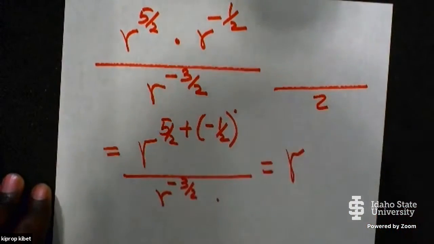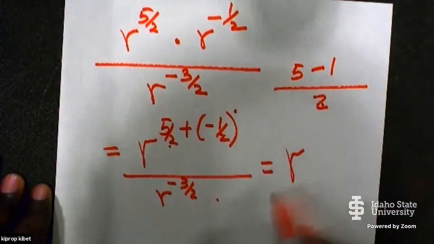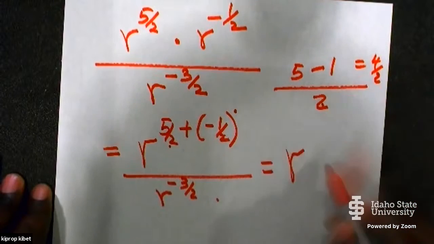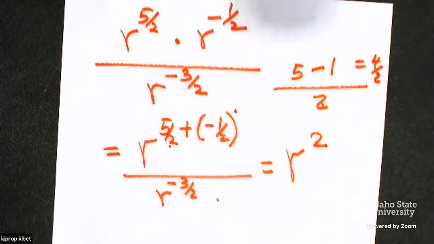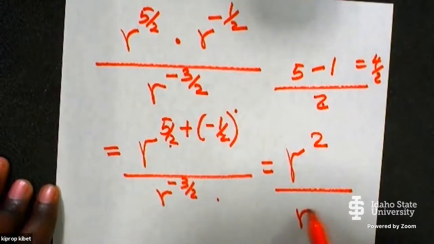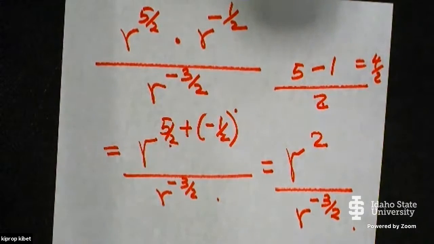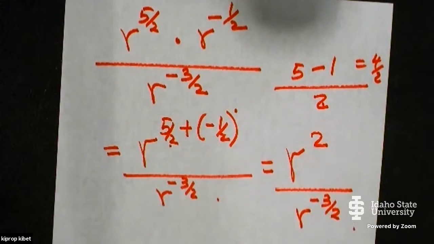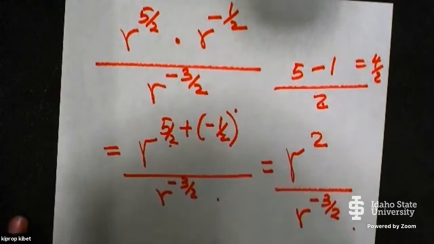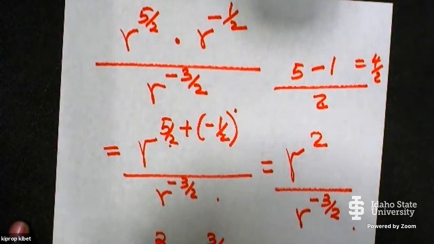So we have the LCM as 2, and this is 5 minus this, which is 1. So you get 4 over 2, which is equal to 2. So you get 2 there, all over r raised to minus 3 all over 2. Now, using the quotient property, if this is minus and you're taking it up here, it changes to positive. So r raised to 2 times r raised to 3 all over 2.